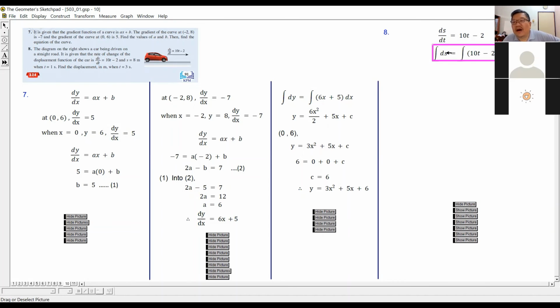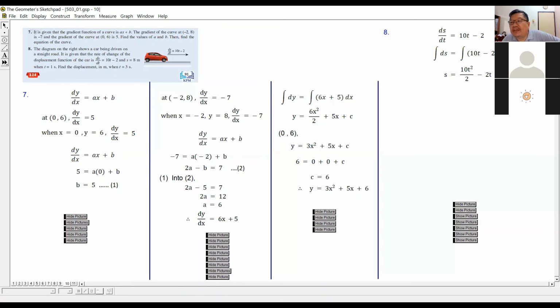Of course, you don't have to write all these steps. If you don't want, you don't have to. Straight away, you can write out this step. Integrate ds dt, you have S. Integrate 10t, you have 10t squared divided by 2. Integrate negative 2, you have negative 2t.